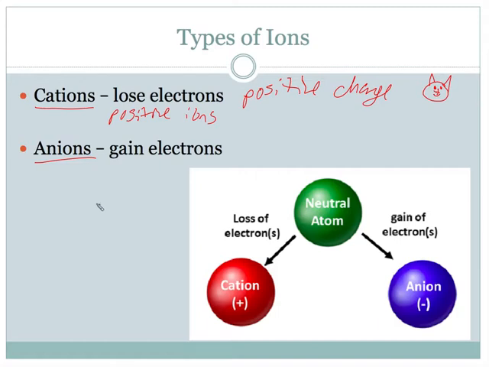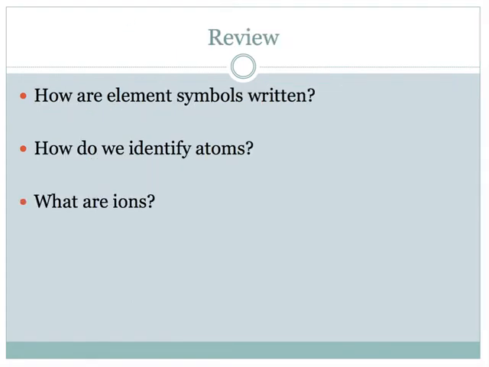Anions, if you've ever been on a picnic before, or been to a park, and you get fire ants in your shoes and they bite you, are you a very pleasant person? Answer, that's probably no. So ants make you very negative. Anions gain electrons and have a negative charge. So anions are negative, cations are positive.